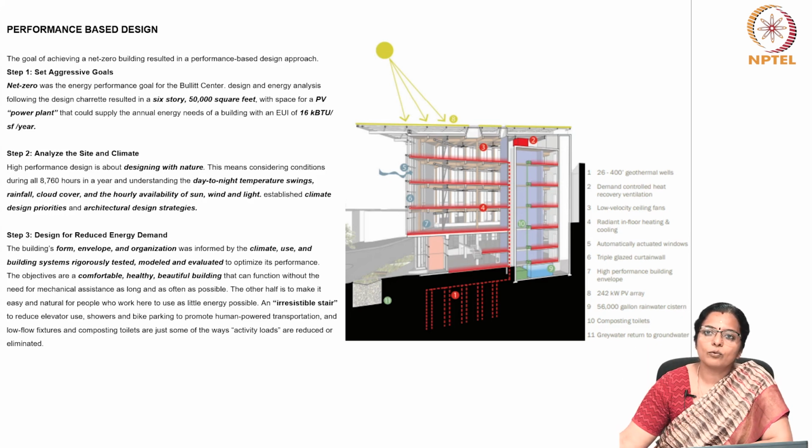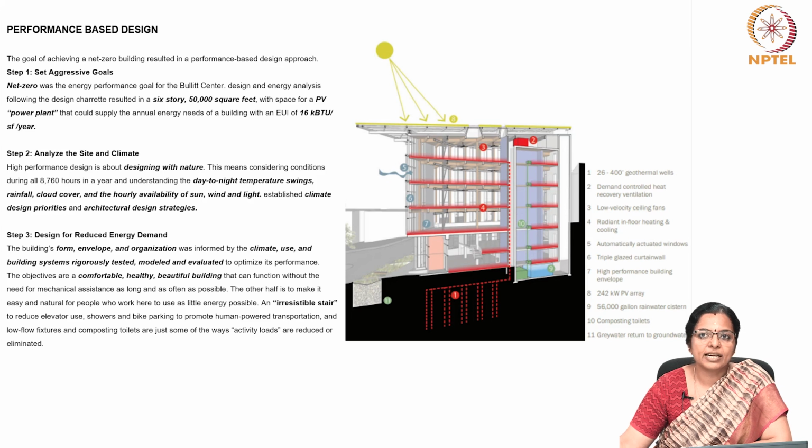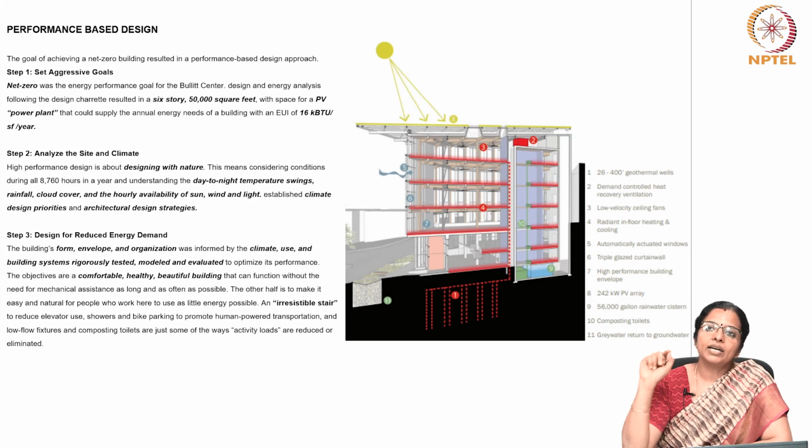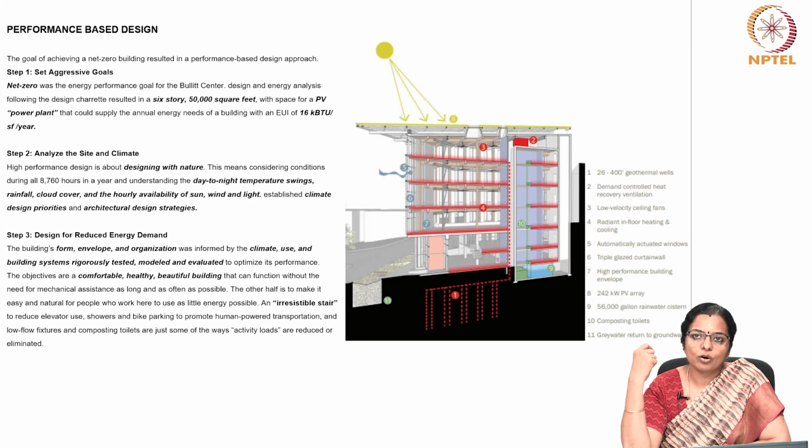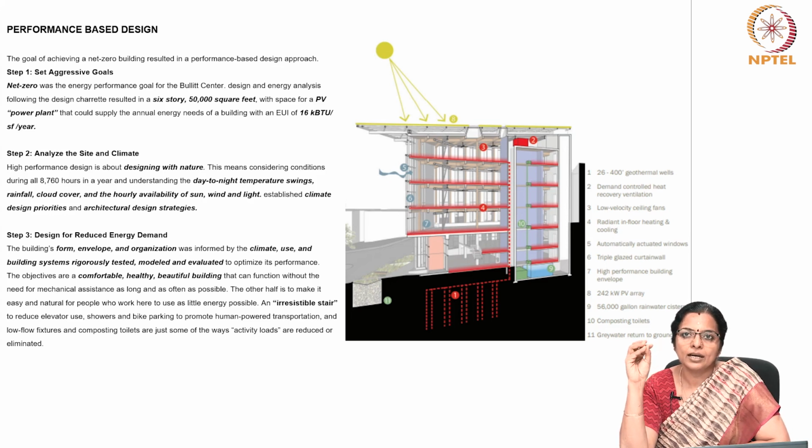The third step was designing for reduced energy demand. The building's form, envelope, and organization were informed by the climate, and the building systems rigorously tested, modeled, and evaluated to optimize its performance.